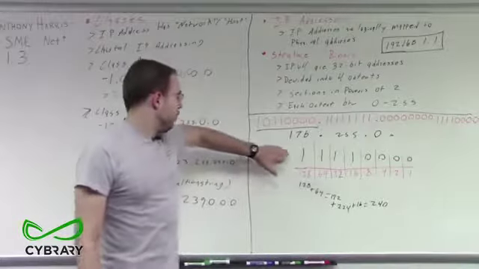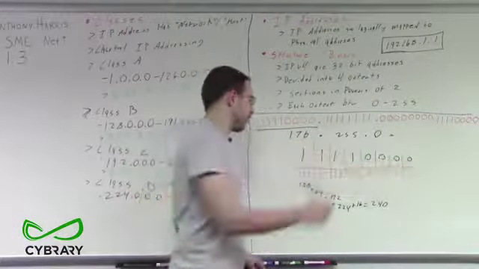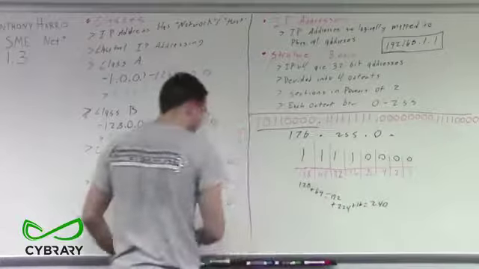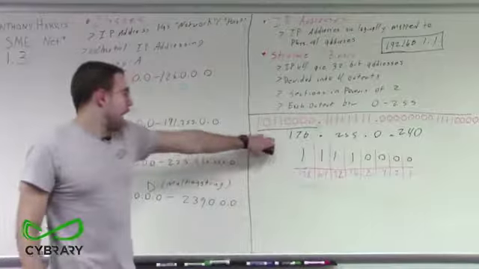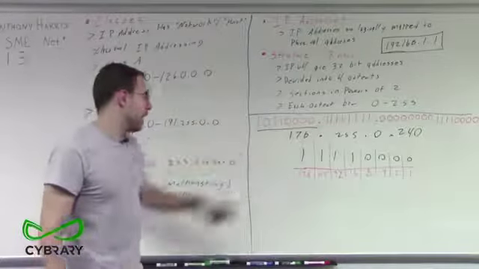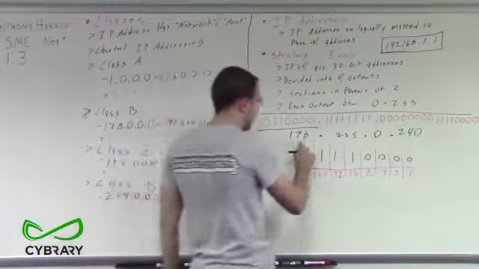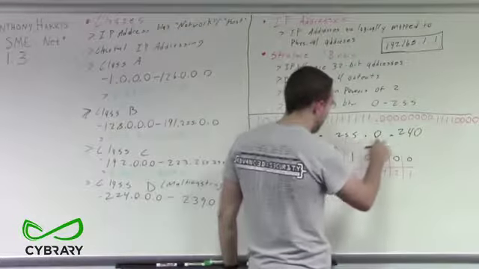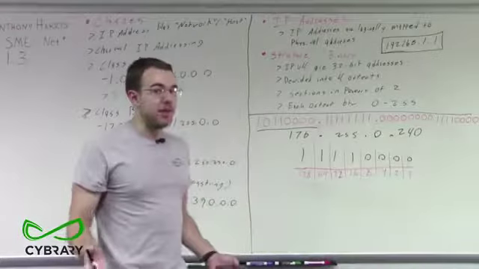So for 1, 1, 1, 1, 0, 0, 0, 0, the rest are zeros, so we don't add anything. We end up with 240. So our IP address represented in a number that is easier for us to understand is 176.255.0.240. And now we know how we figured that out.